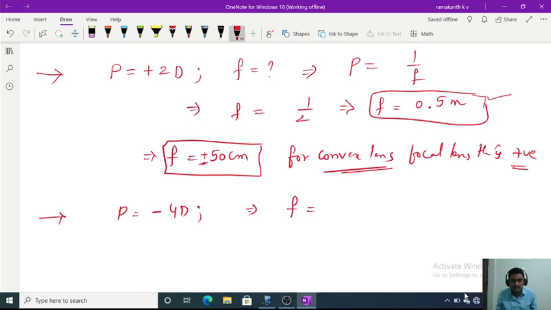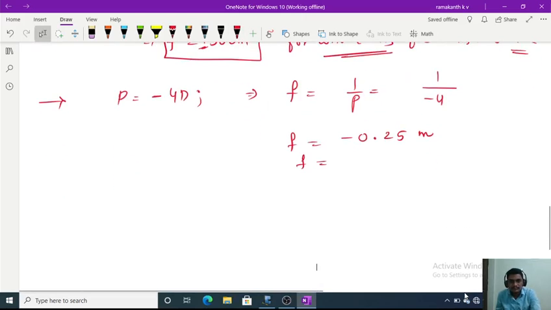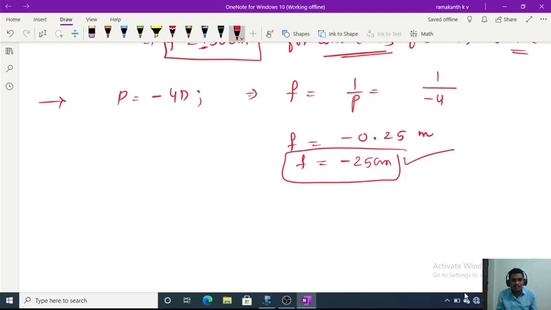So f is equal to 1 by P. F equals 1 by minus 4, and what do you get? Minus 0.25 meters, and in centimeters f is equal to minus 25 centimeters. So this is the required focal length.